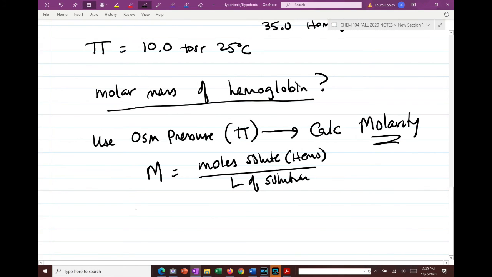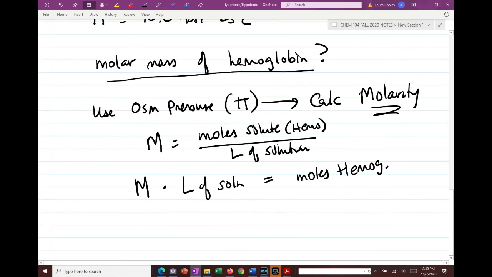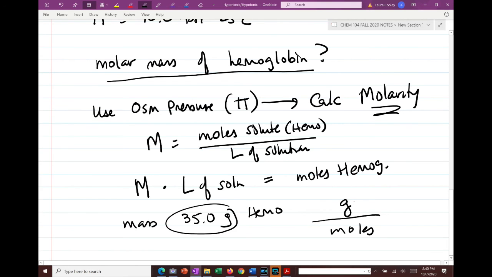So then, if we take the molarity and multiply it by the liters of solution, that's going to give us our moles of hemoglobin. We also know the mass, that we used 35 grams of the hemoglobin. So if you take the grams over the moles, so you take the 35 grams and divide it by the number of moles that you get, that's actually the molar mass. So it starts with using the osmotic pressure to get the molarity.